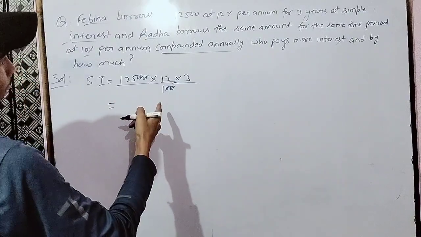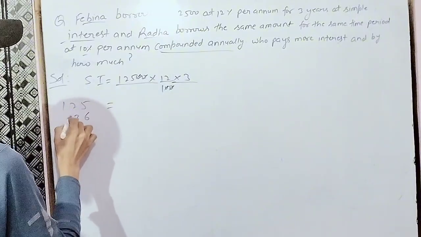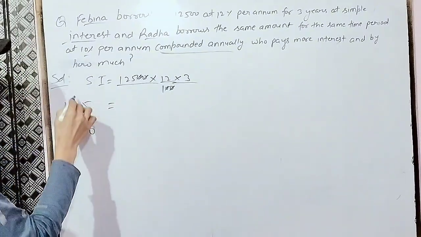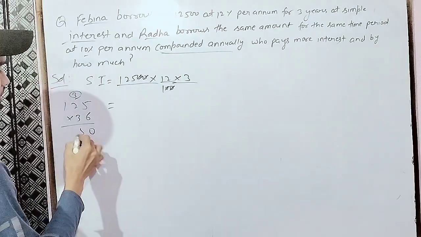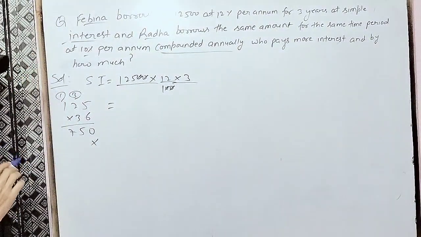It will become how much? 12 3s are 36, 1 5s are 5, 3 6s are 6, 3 1s are 3, 6 5s are 30, 3 6s are 12, 3 and 1 is 6 7, 3 5s are 50, 3 5s are 15, 3 6s are 6, 0 0 50, 4500. This is a simple interest. 4500. Okay. This is a simple interest.